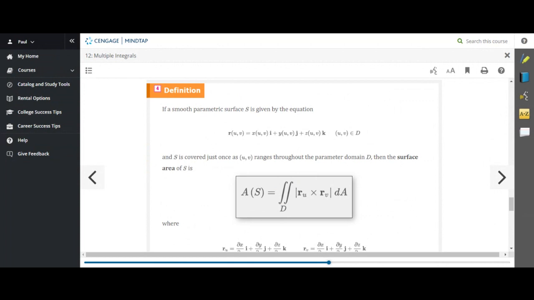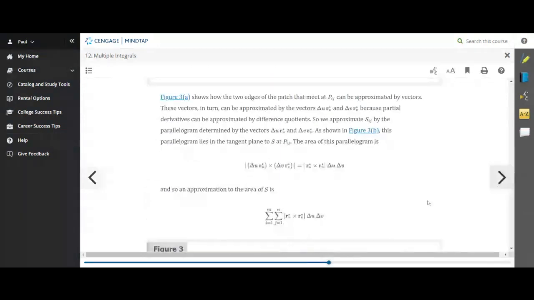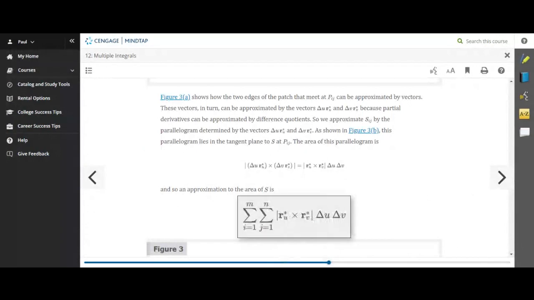Because in the double Riemann sum, the delta U and the delta V become a dA.